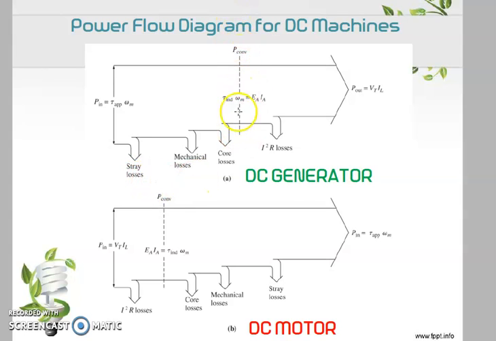So this is the point of the shaft that we measure in terms of torque and energy conversion. So this is the generator. For the motor, how much electrical power we put in, how much output turning force at the shaft. The losses due to electrical is the copper loss. The core loss, mechanical loss, and stray loss are the losses measured after the conversion. So this is for the motor, this is for the generator.